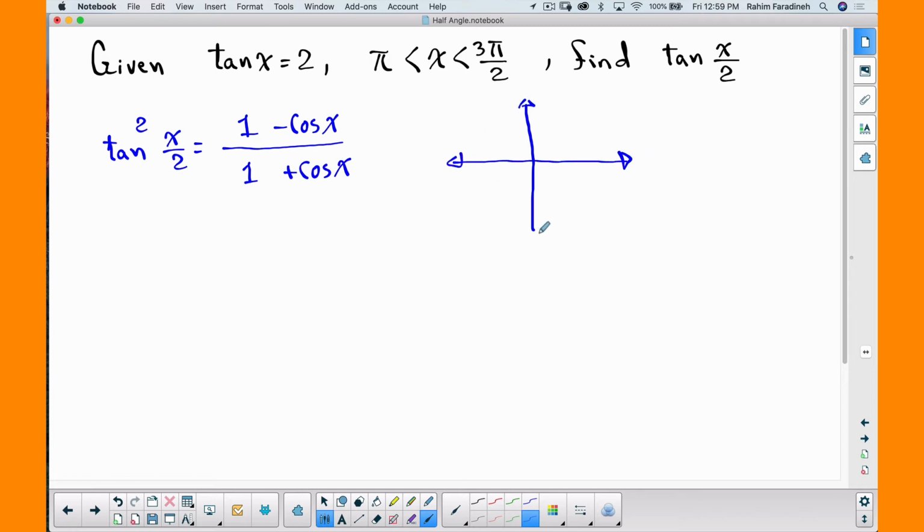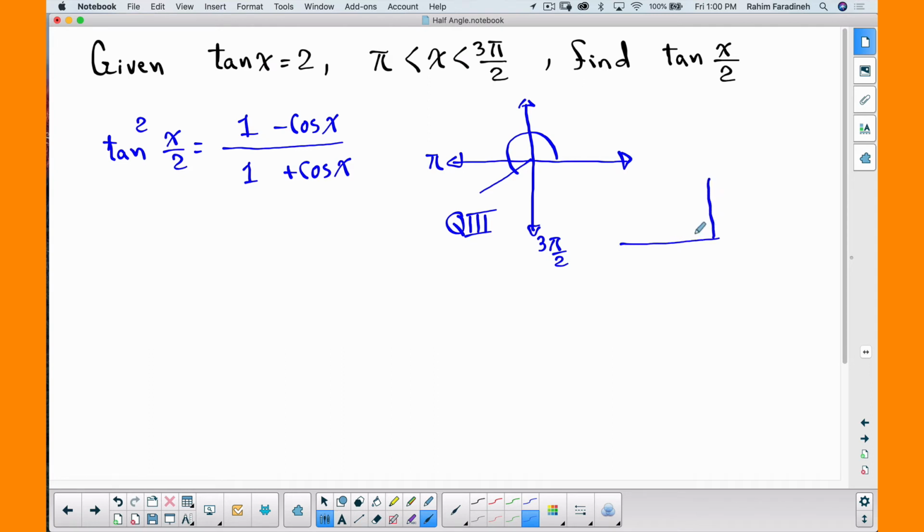X is given to be between pi and 3 pi over 2. So our angle is in the third quadrant. In the third quadrant, cosine will be negative.